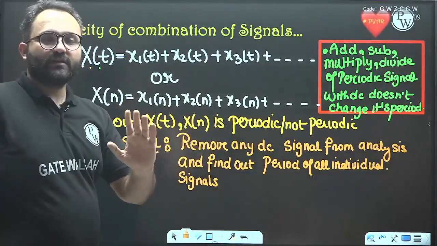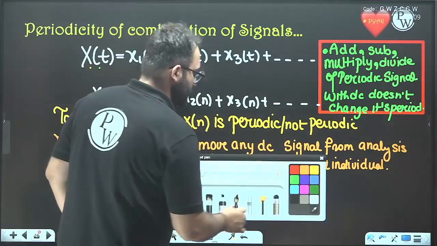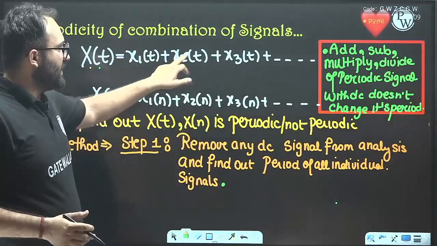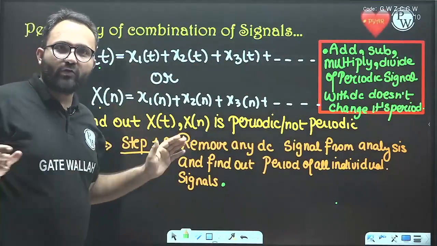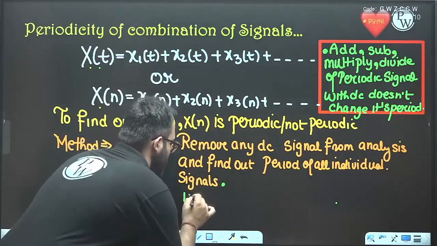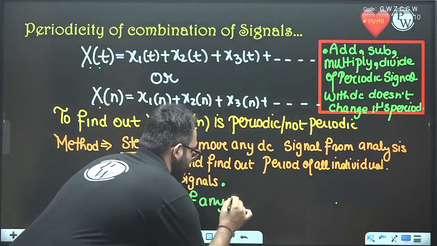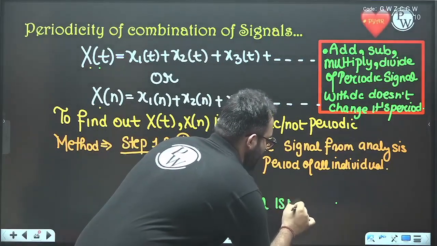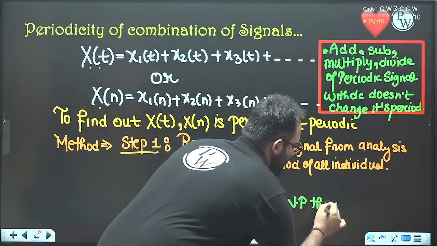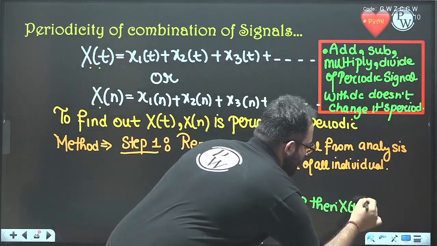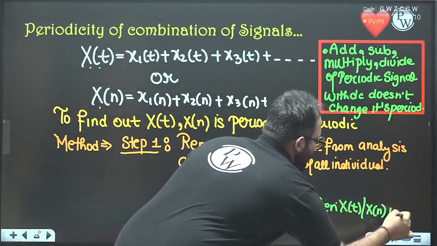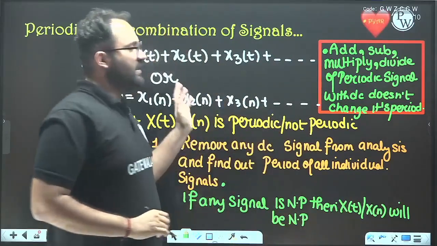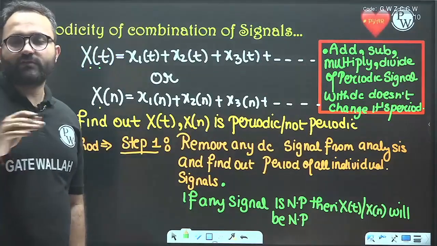If any of the individual signals is non-periodic, if you find out that any of these signals is non-periodic, then the overall signal, capital XT or capital XN, will be non-periodic. If any of the individual signals is non-periodic, then the overall signal will also be non-periodic.